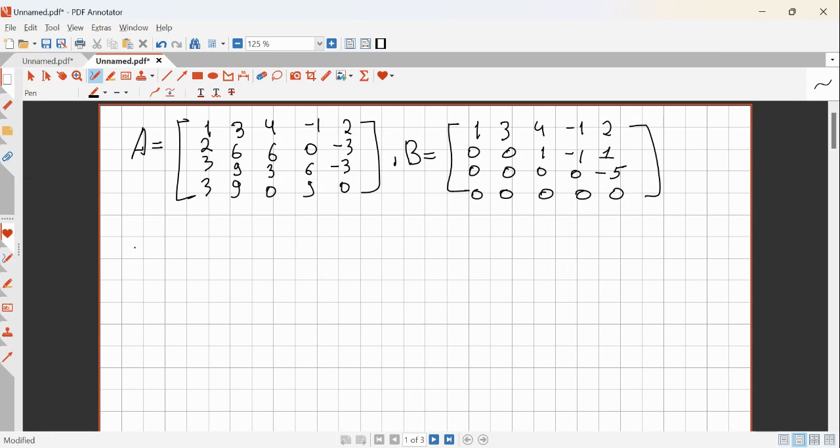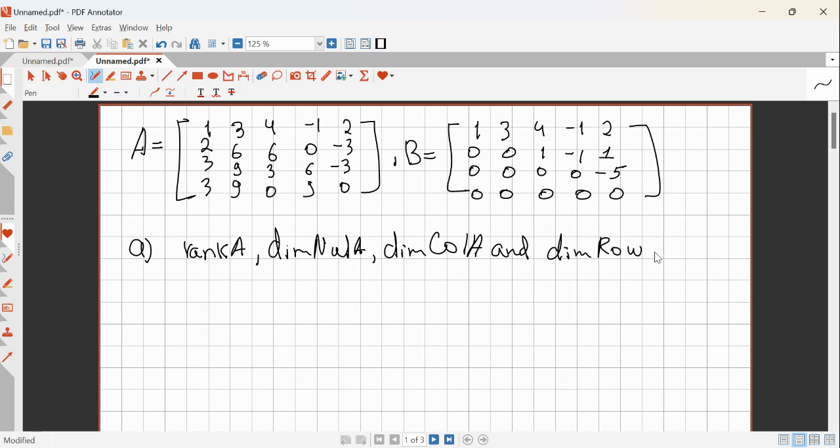So, question A: find rank A, the dimension of the null space, the dimension of the column space, and the dimension of the row space. Dimension of the null space means how many free variables we have.